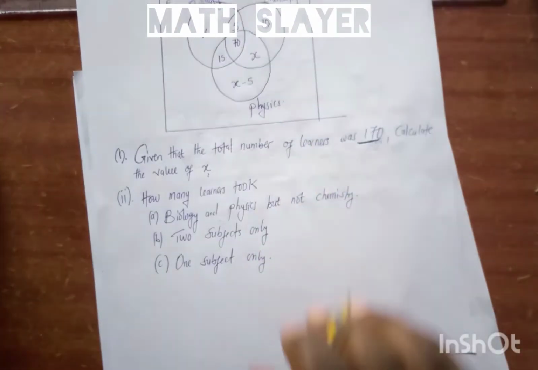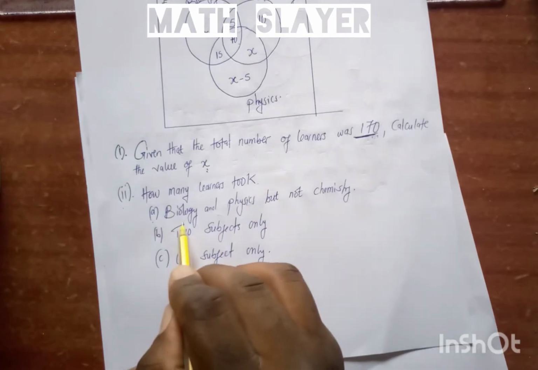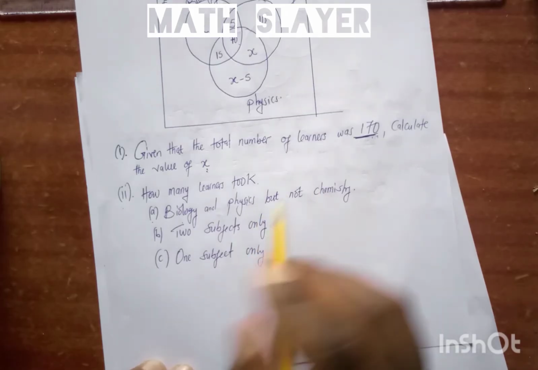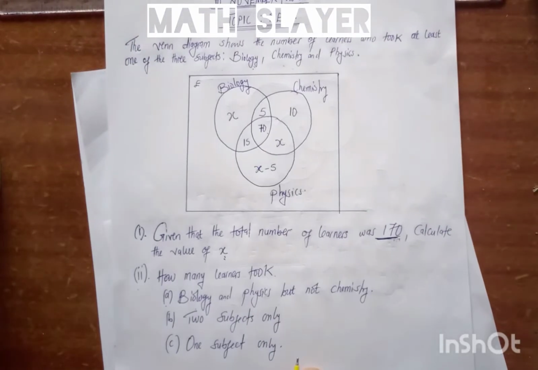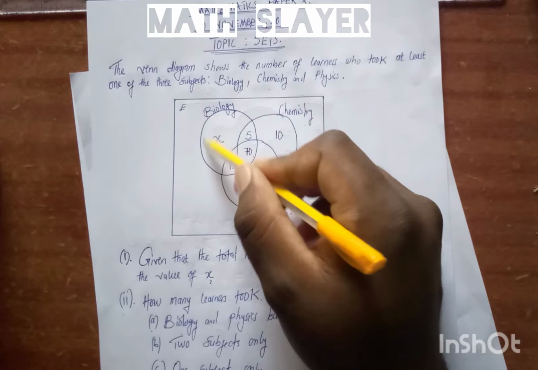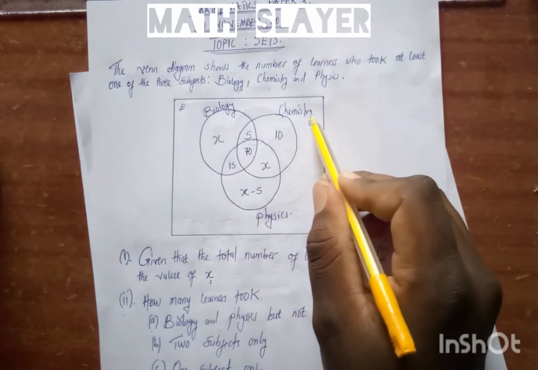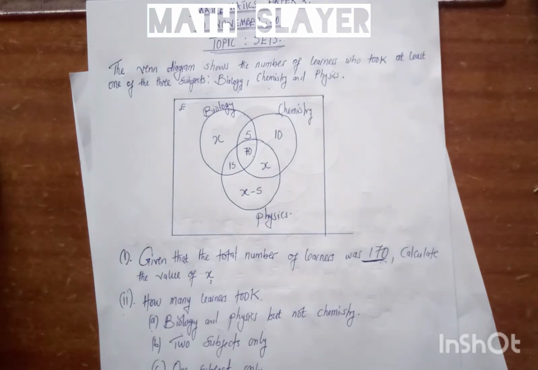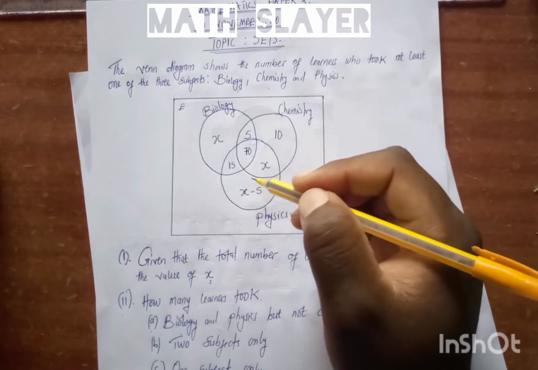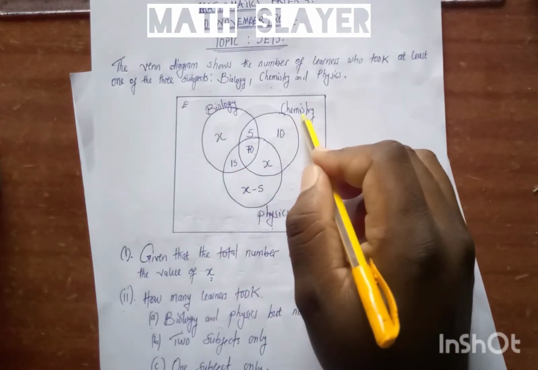The second question reads as follows: how many learners took biology and physics, but not chemistry? So we have biology, and then physics, but not chemistry. We are talking about the area which is bounded by biology and physics, but not chemistry.